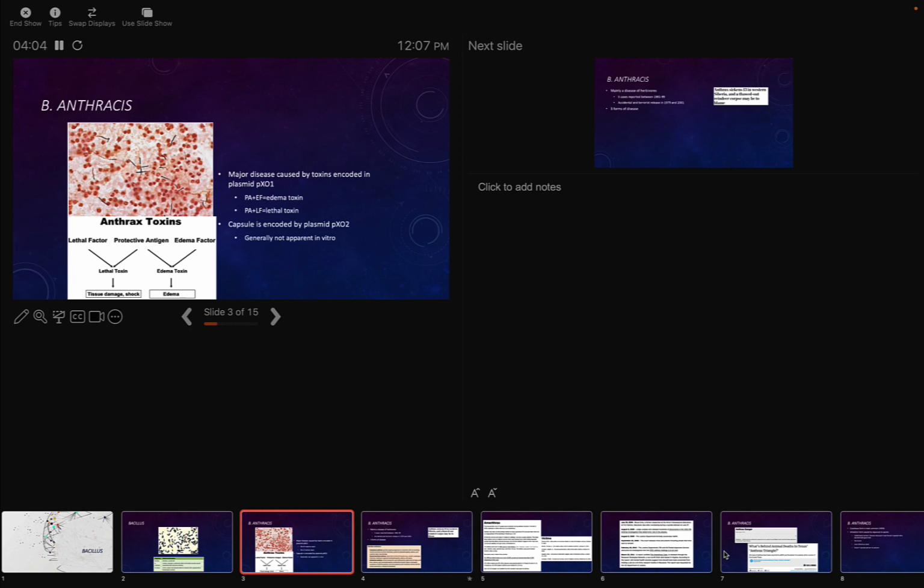There is a second plasmid called pXO2, which encodes genes to produce a capsule. Now this is challenging to study, this capsule, because the bacterium, to this point, will not make the capsule in vitro.